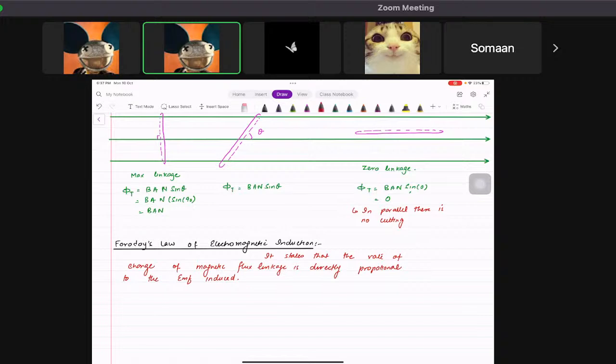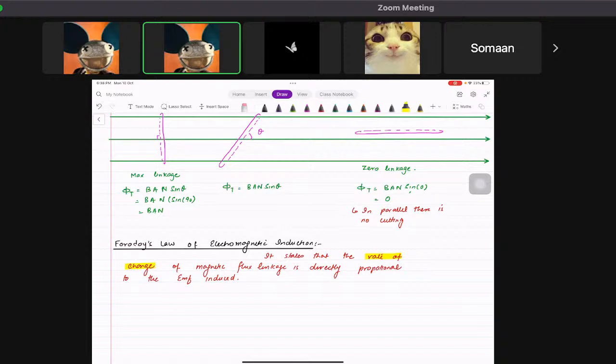Now, the most important word that you guys need to remember is the rate of change. This particular part of this definition is so important. The reason for that is that in order to induce EMF or current, you have to keep on changing the flux.